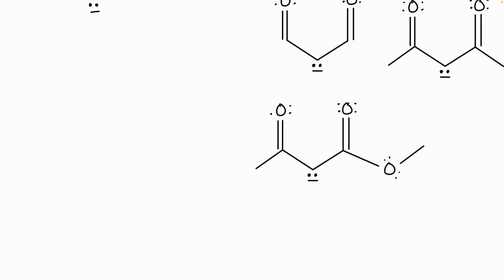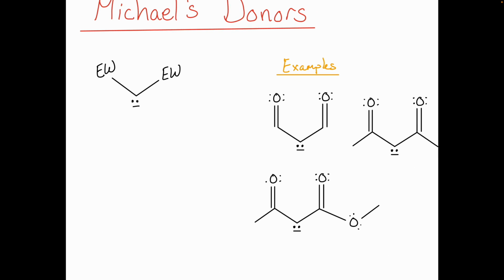Cool. All right, so again, a Michael's donor here. We got some examples going on. Importantly, when we have our Michael's donors, they have this carbanion sandwiched between two electron withdrawing groups.